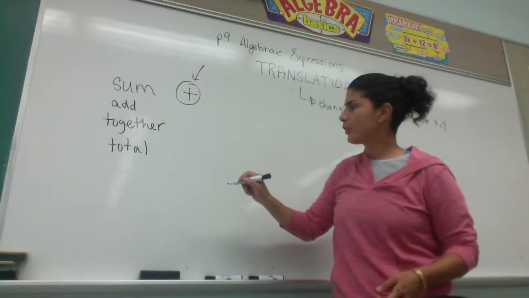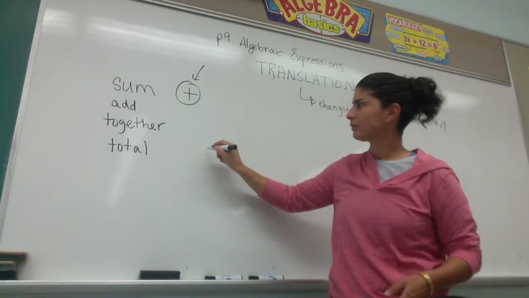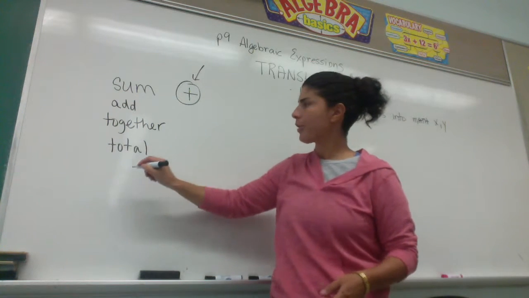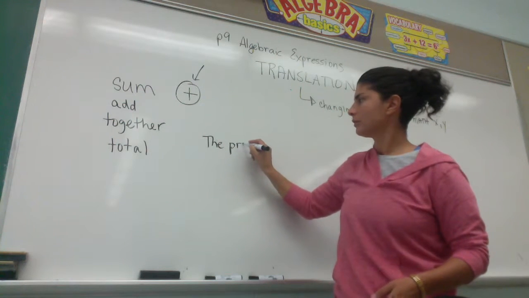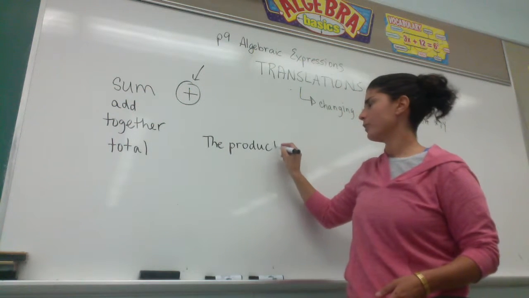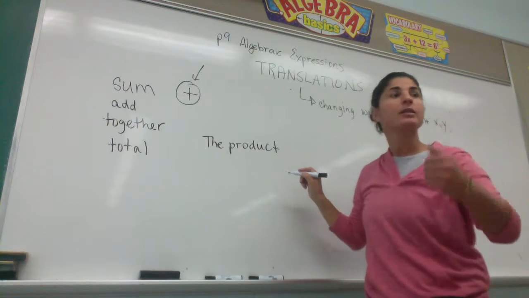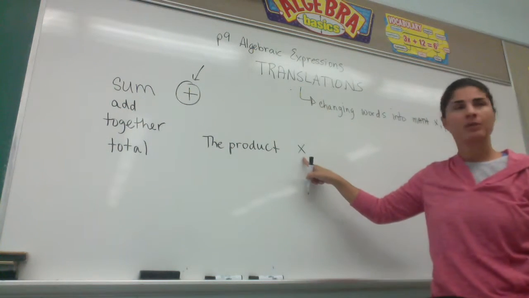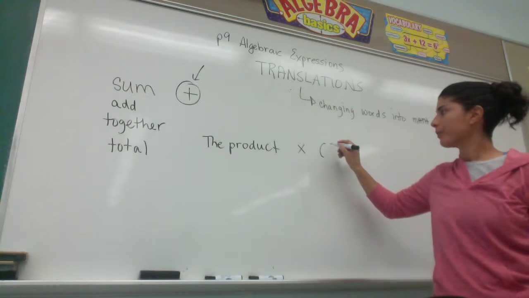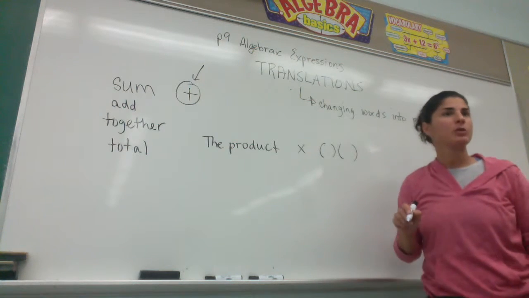When we use the word the product, what are we talking about? Yes? It's a multiplication sign. Now it doesn't have to be a multiplication sign. It could be brackets with brackets, which also means multiplication.